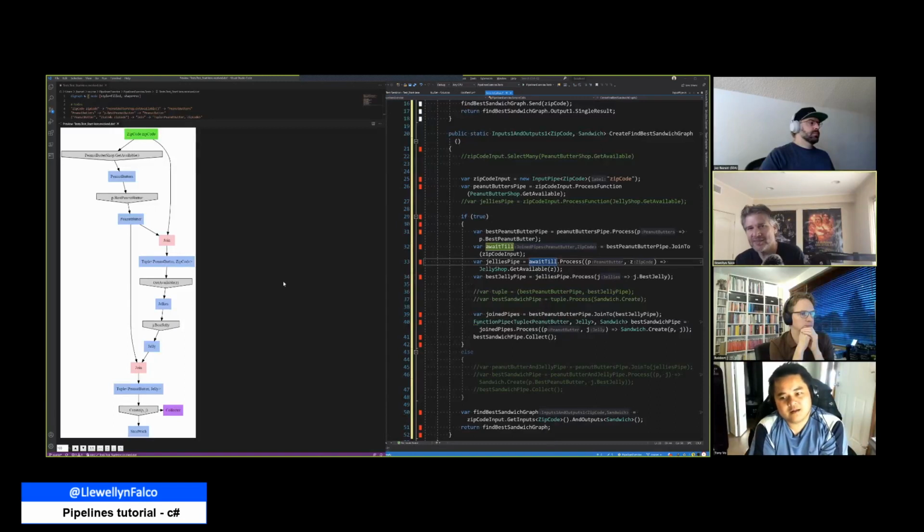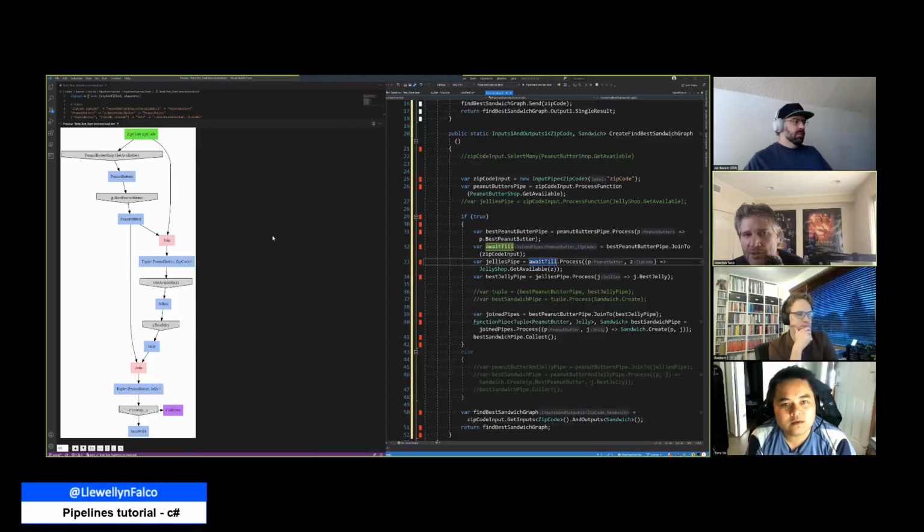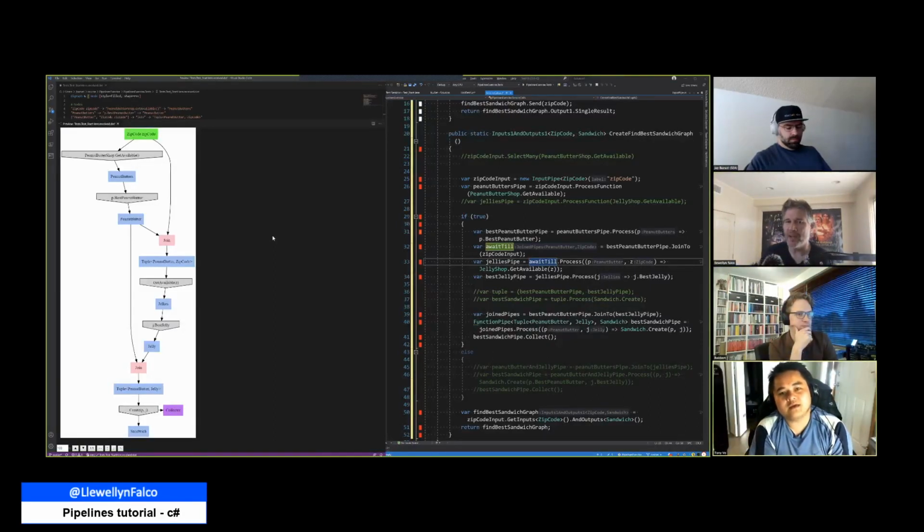I totally see this. But then would it be easier if we could have something along the lines of saying jelly pipe dot must run after peanut butter pipe? That's sort of what we're doing here. Would there be an easier way to make the API that way?